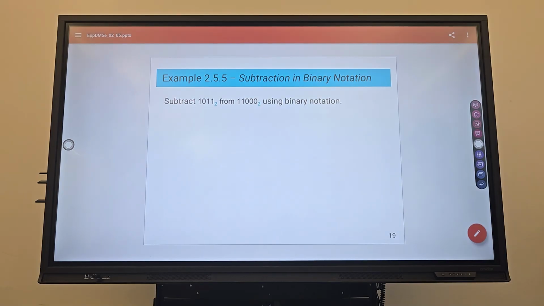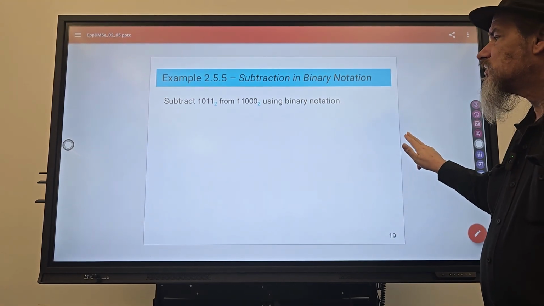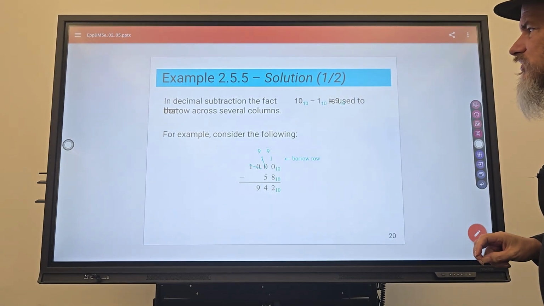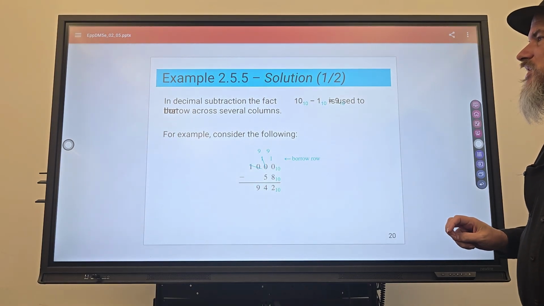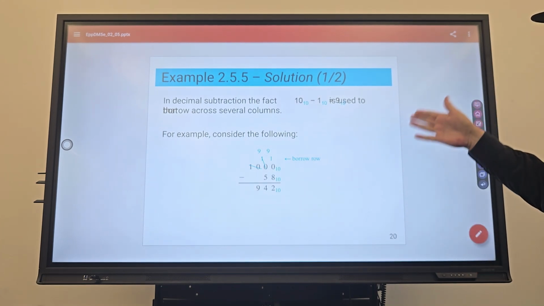Subtraction, I really don't like the way they handle this in this book, but to each their own. So in decimal subtraction, the fact of 10 minus 1 is 9 is used. I hate these slides.